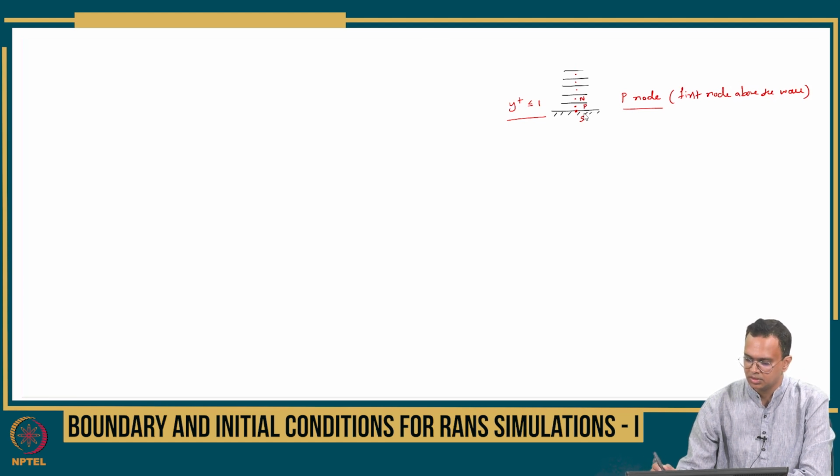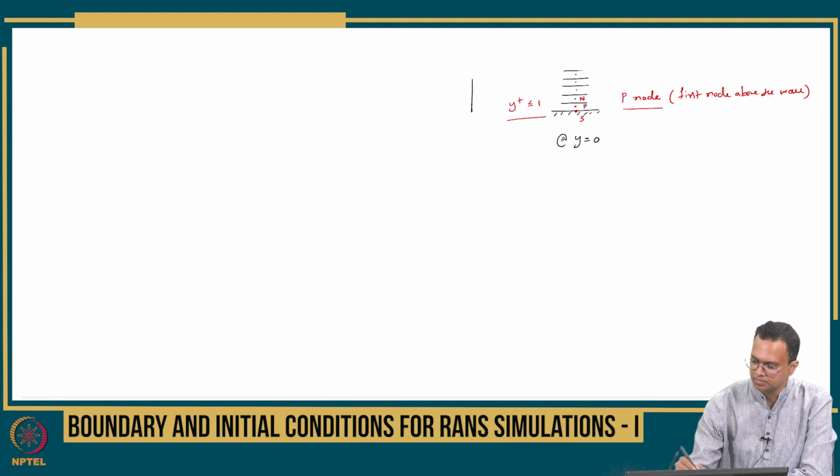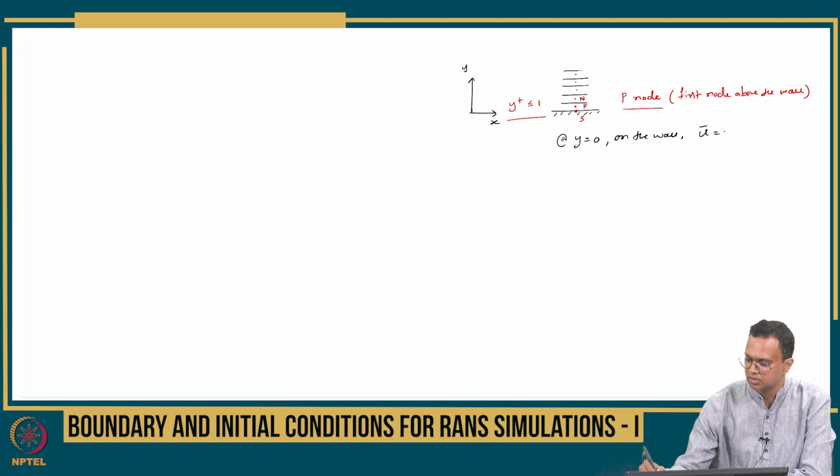Okay, so the velocities are all straightforward, right? On the wall at y equal to 0, if this was your y direction, that is on the wall, you can specify your velocities to be 0 coming from your no slip and kinematic boundary condition.